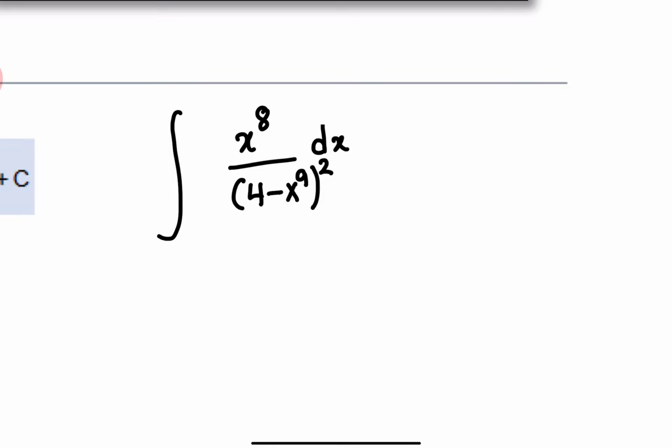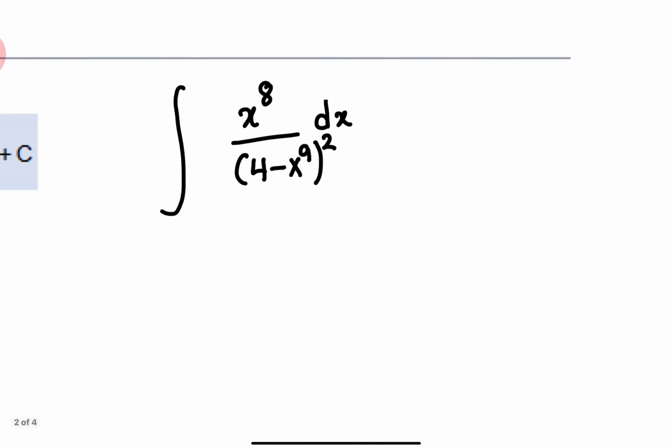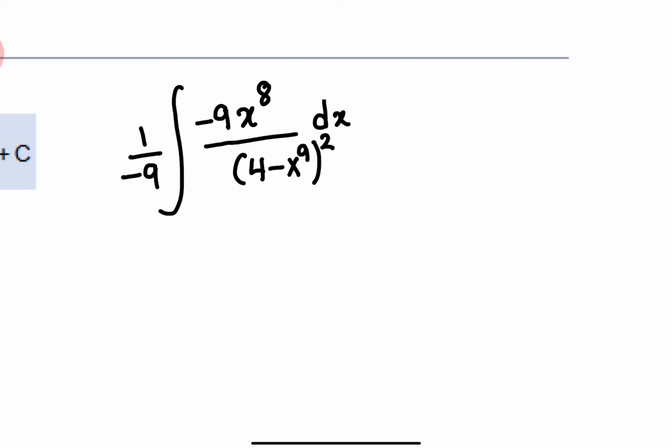Now you found out what your f of x is. You did find out what your derivative is. Now your goal is to make sure you have that derivative in there. Remember when we found out this negative 9 is missing? Not a problem. I plug negative 9 on the top. Then I divide by negative 9 in the bottom. That way I'm not changing the function.